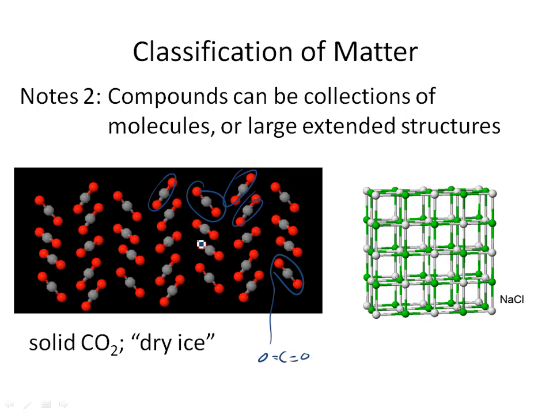So it's called a molecular compound because it's made of lots of molecules. There's also large extended structures, and this is a small piece of sodium chloride, a salt crystal, which would keep extending in all directions for millions and millions, and actually billions and billions of atoms long and wide and high. So that's another kind of compound that's an extended structure.